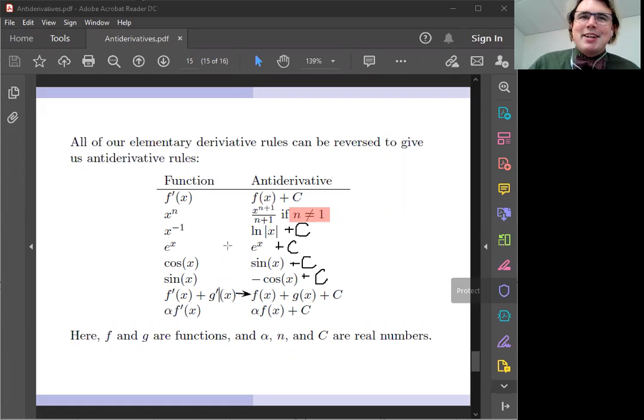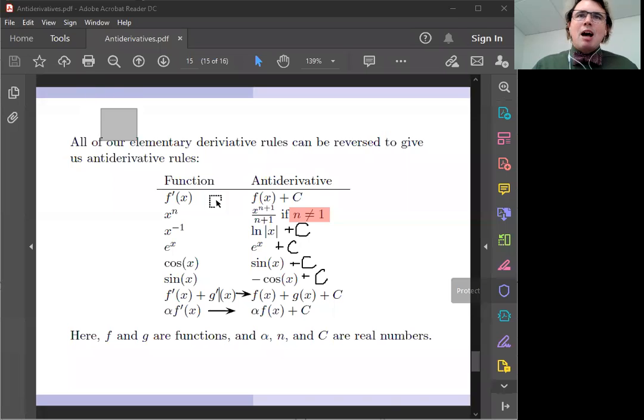So if I want to take the antiderivative of two things added together, I just need to do those antiderivatives separately. I'll have a single constant of integration. And if I have a constant multiple of a function, say alpha is some real number, the antiderivative of alpha times a function is just alpha times the antiderivative of that function, again, plus some constant.